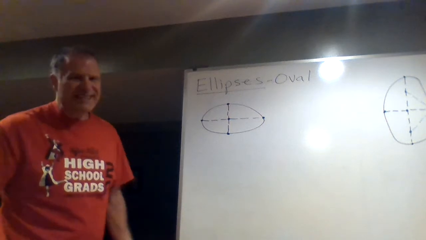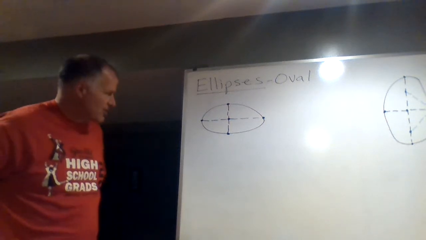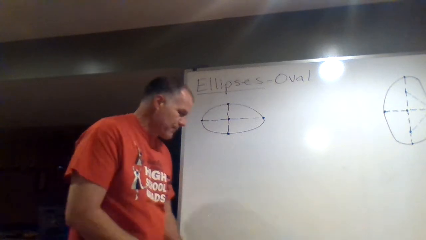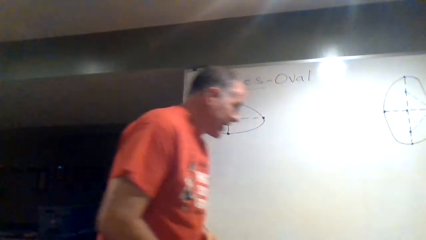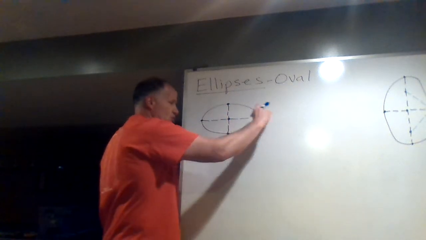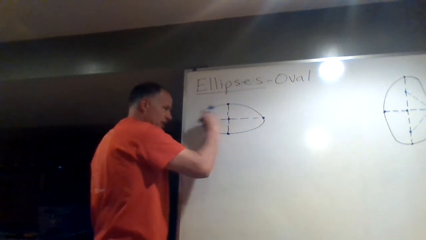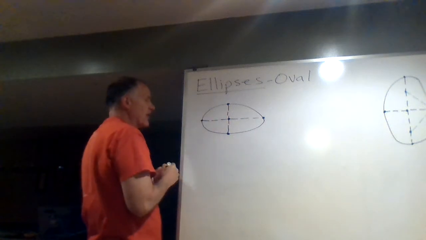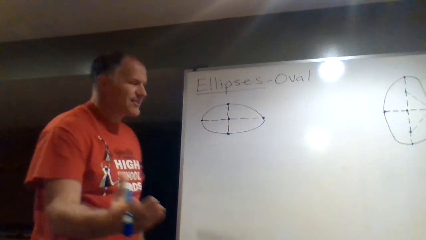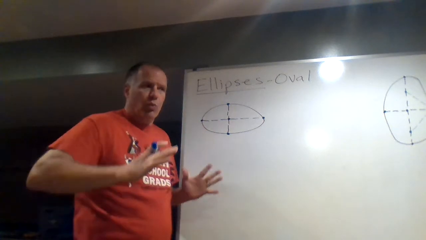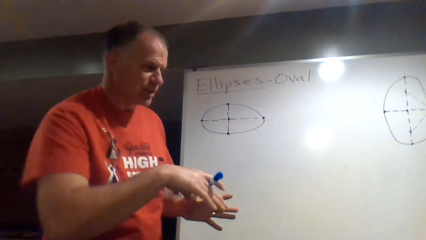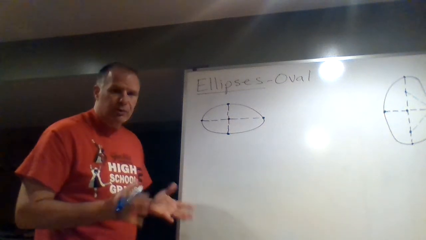Okay, now there's some more details. Some of you that go on to calculus in college will learn more about this. For our class, we're just introducing some of this. Now, the thing that's practical here is that in an ellipse, in the long direction, not the short direction, there is a focal point, a focus, which, again, some of you in science might have worked on with concave and convex mirrors and stuff like that.